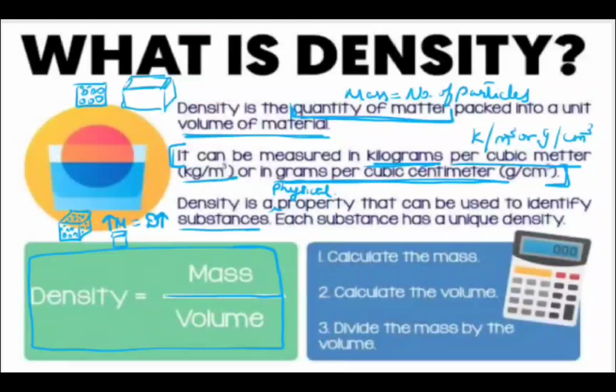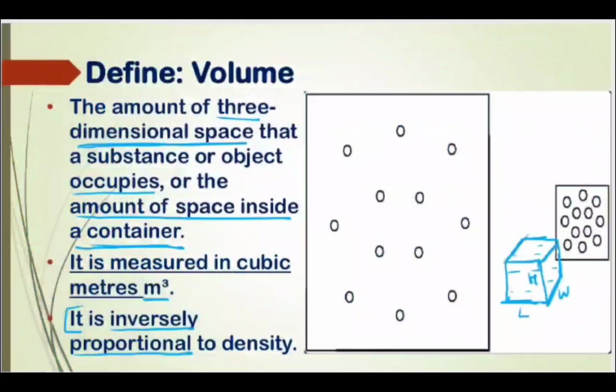So when density increases, volume decreases. That's why it says volume is inversely proportionate to density.